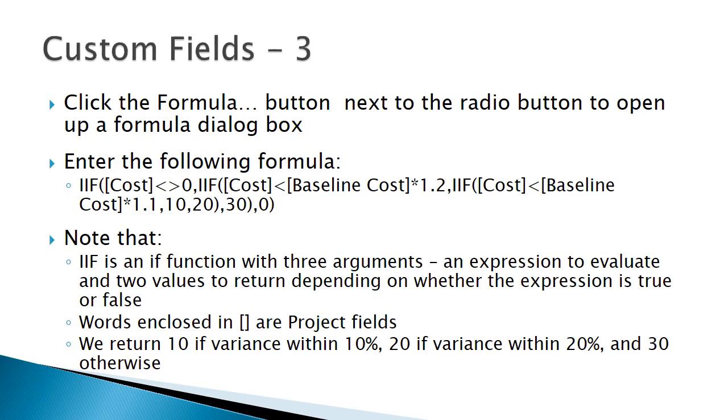Note the definition of IIF on this slide and that fields enclosed in brackets are project fields. Adding a custom field of this type is very much like typing a formula in an Excel cell and then copying that formula to all the cells below.